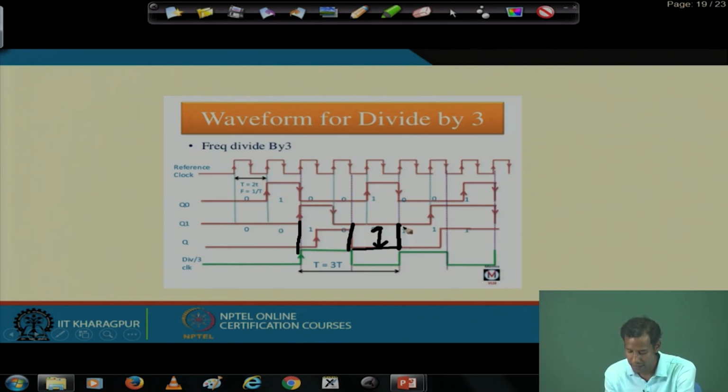Then again at this, okay, not, at this Q1 and Q0, based on the values of Q1 and Q, you will be getting the divide by clock 3 output as this one. Then again at this you will have both of them as 1 1. So, at that time again you will get that output as 0. Okay.